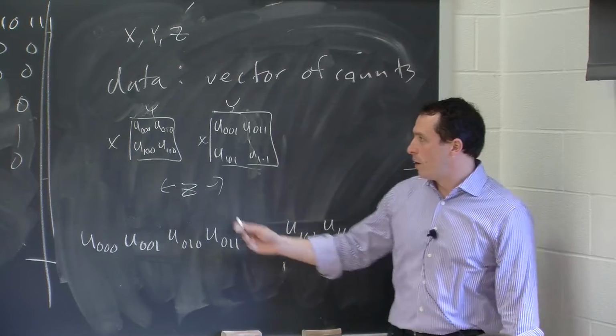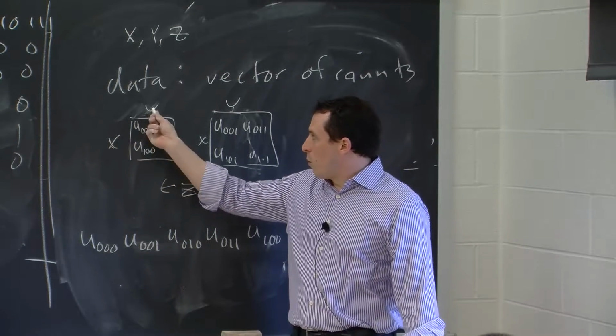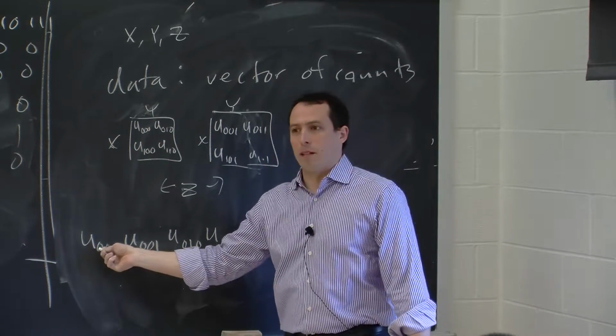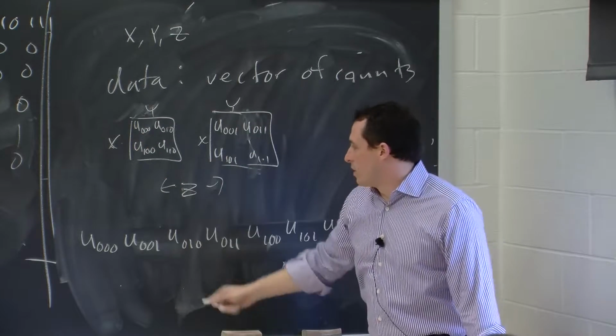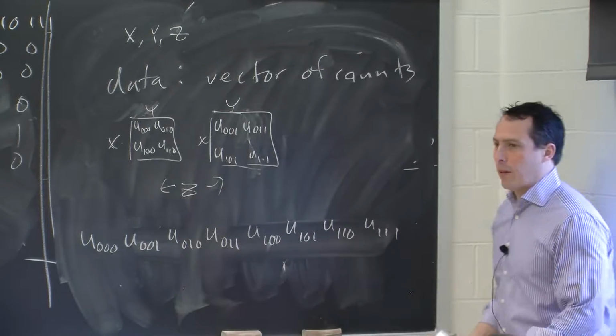How many people had x equal to 0, y equal to 0, z equal to 0? That's this number. How many people had x equal to 0, y equal to 1, z equal to 0? That's this number. So on.